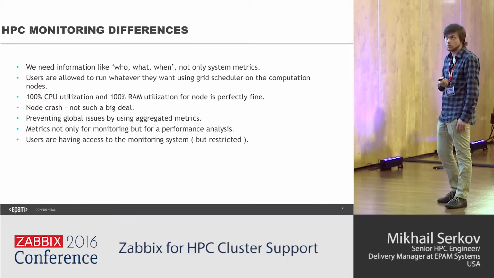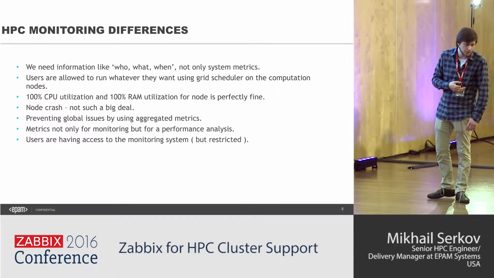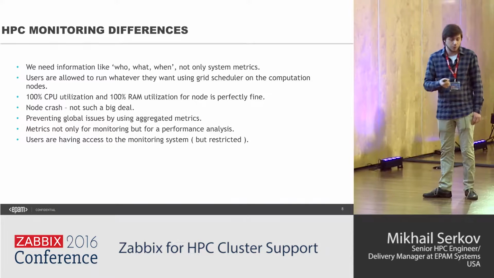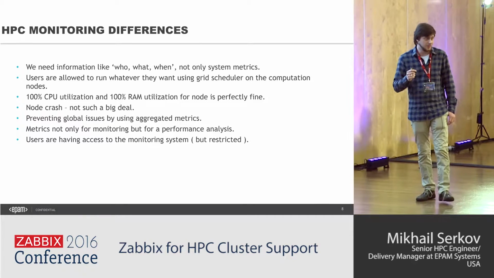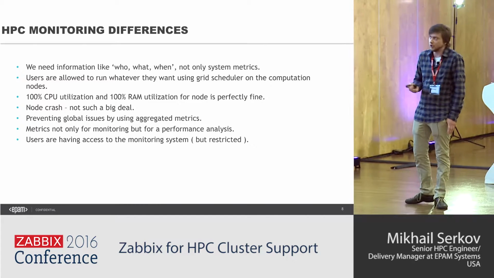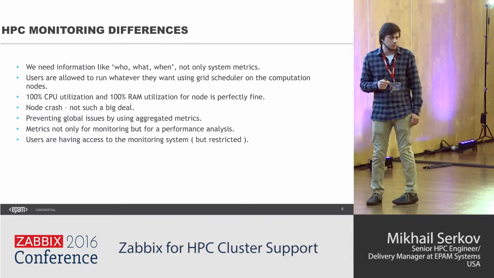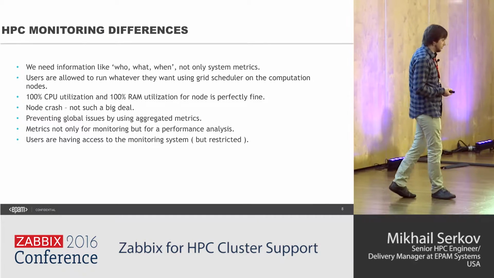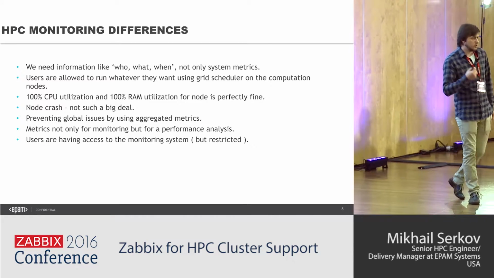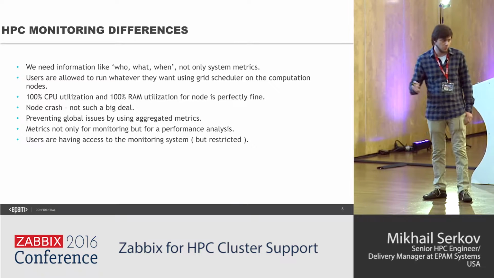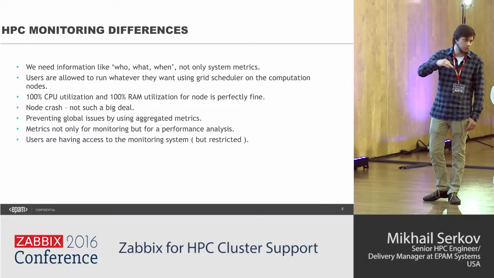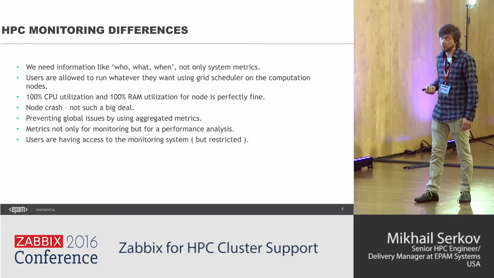Yeah, so differences between HPC monitoring and monitoring of classic IT infrastructure. As we allow users to run something on production servers, which is not a usual thing in general, we need not only metrics about how loaded the server is or how much RAM is in use, we actually need who, when, what is running on the server, what was running 1 hour ago, for how long, which CPU cores it was using, and so on.